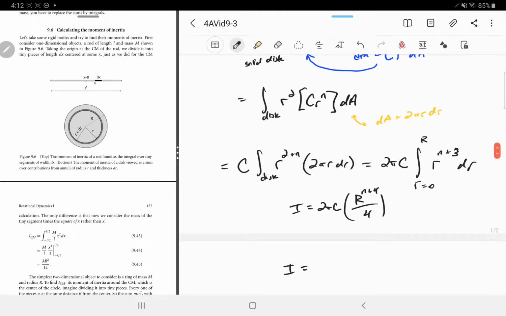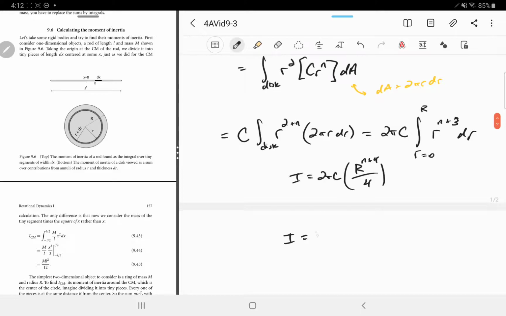I equals pi times c over 2 times R to the n plus 4.